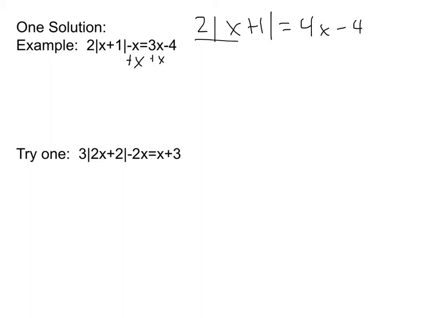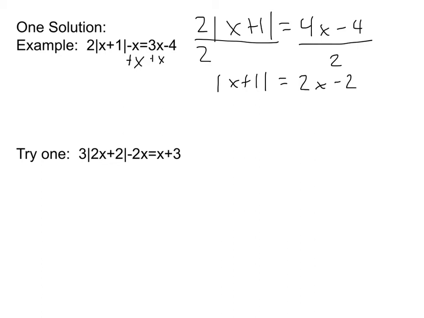We need to divide both sides by 2. So I get the absolute value of x plus 1 is equal to 4x divided by 2 is 2x, negative 4 divided by 2 is negative 2.